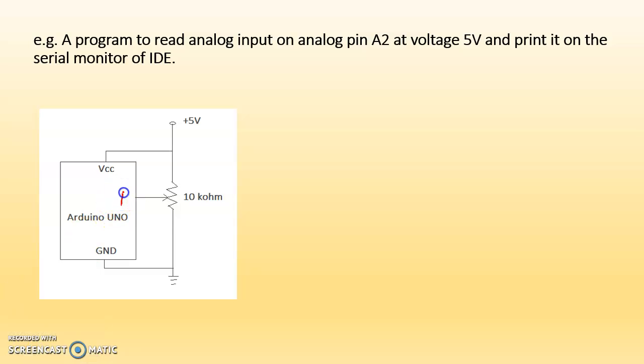This analog pin A2 is there. The 10 kilo ohm resistor is connected to plus 5 volts. Then we have to write a program to display analog inputs on the serial monitor.